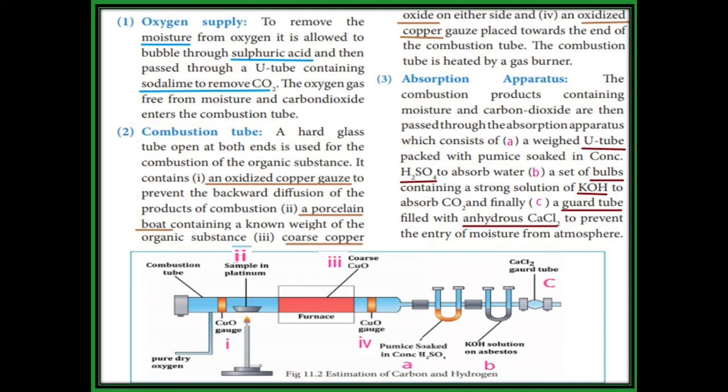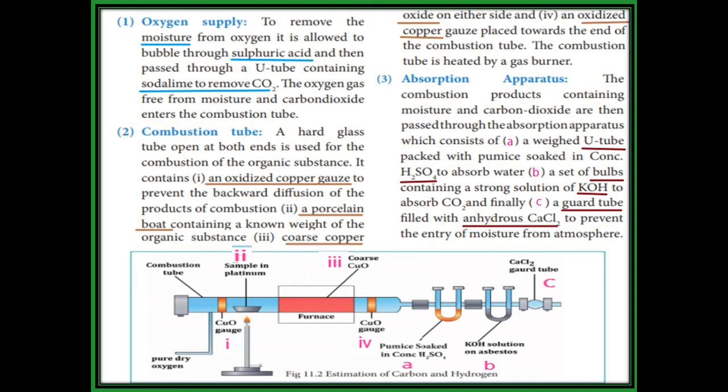Now that oxygen enters the combustion tube. The second part is the combustion tube. You see the blue horizontal tube, that is called the combustion tube. See the diagram. The combustion tube contains four parts. The first part is the CuO cage, that is an oxidized copper cage. This prevents the backward diffusion of the products of combustion. Then the second part is the porcelain boat, which contains the known weight of the organic substance.